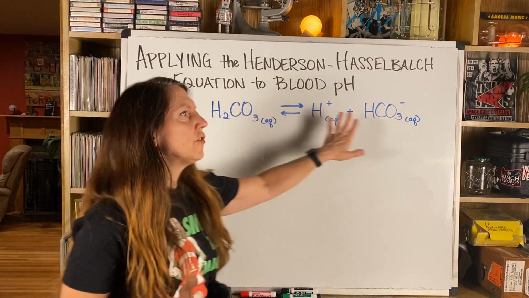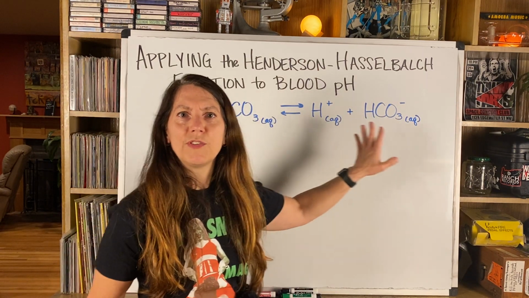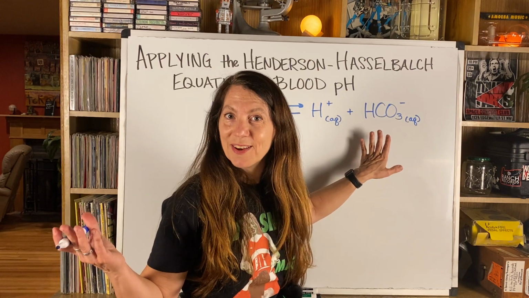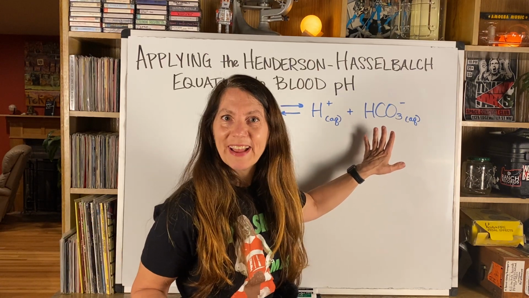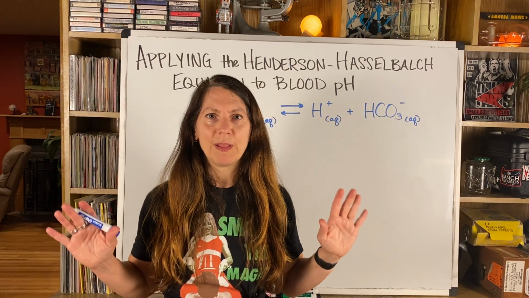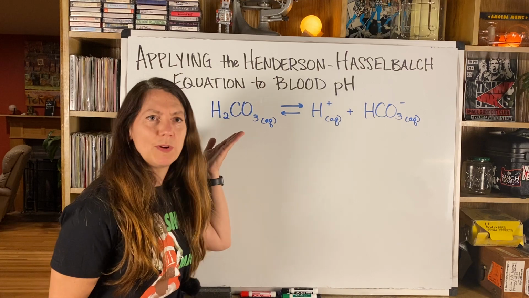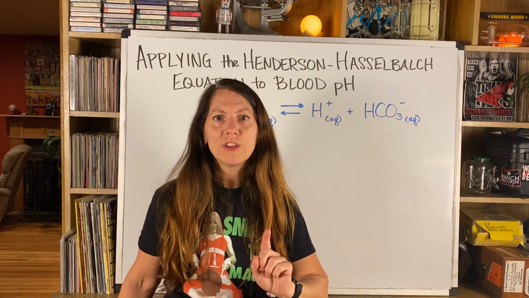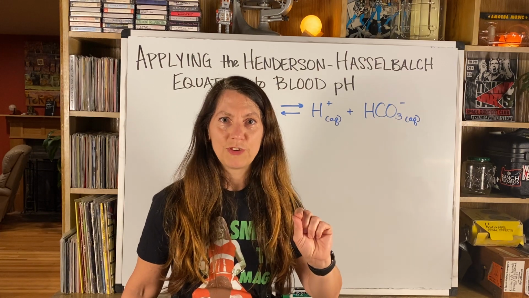All right, so we have these species in our blood. Bicarbonate might sound familiar. Baking soda is sodium bicarbonate, okay? So this equilibrium is occurring in our blood, and these are the two components of the buffer that I want to talk about. Now let's look at the Henderson-Hasselbalch equation.